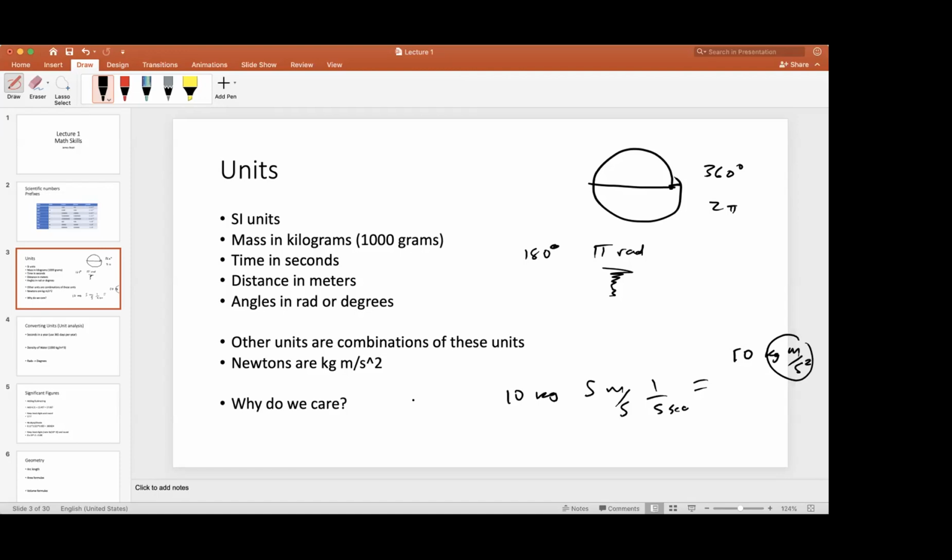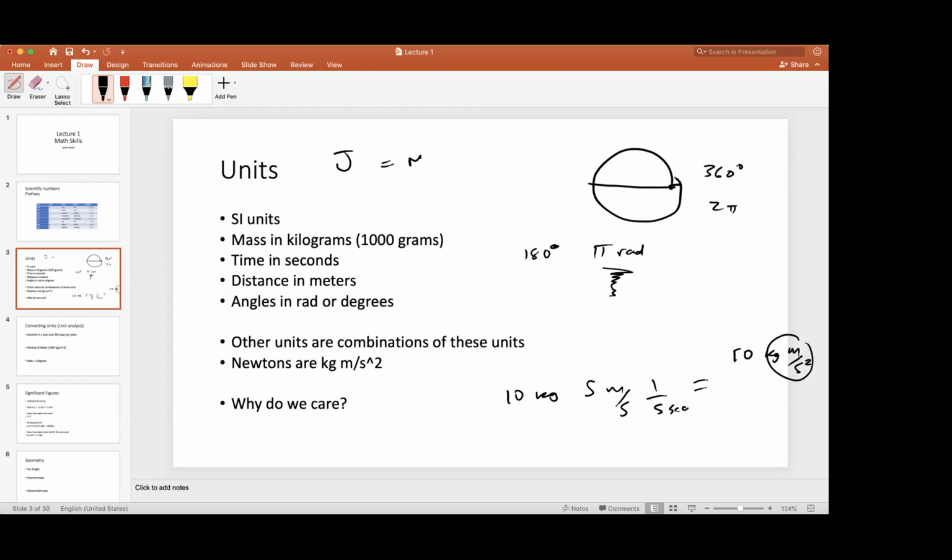Always check your units. A little bit of a hint, too, in classes that aren't as math heavy, science classes like chemistry, a lot of times you can figure out what you're being asked for simply by your units. There's something called joules, and joules are energy. They're used in everything.